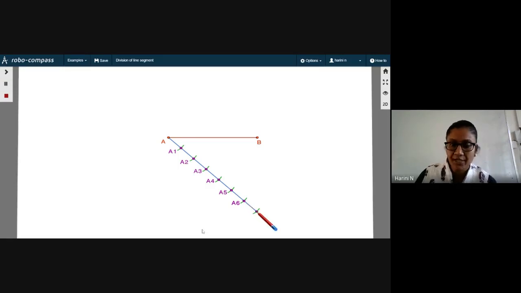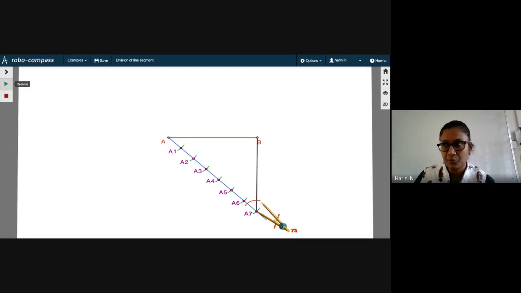Then I will join my A7 and B. This is an important step. Next, I'll take any small radius in my compass, keep it at A7, cut an arc. This is the first step to copy the angle. Once you have drawn that arc, we have to mark the point of intersect here. The red arc is cutting the blue line and the black line at 2 points. Mark them as C and D.